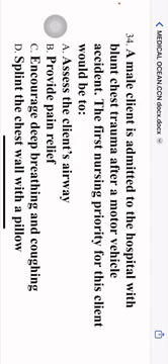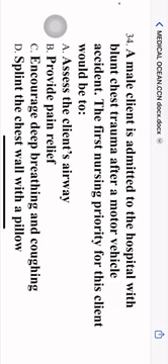Question 34: A male client is admitted to the hospital with blunt chest trauma after a motor vehicle accident. The first nursing priority for the client would be to assess the client's airway, provide pain relief, encourage deep breathing and coughing, or splint the chest wall with a pillow.